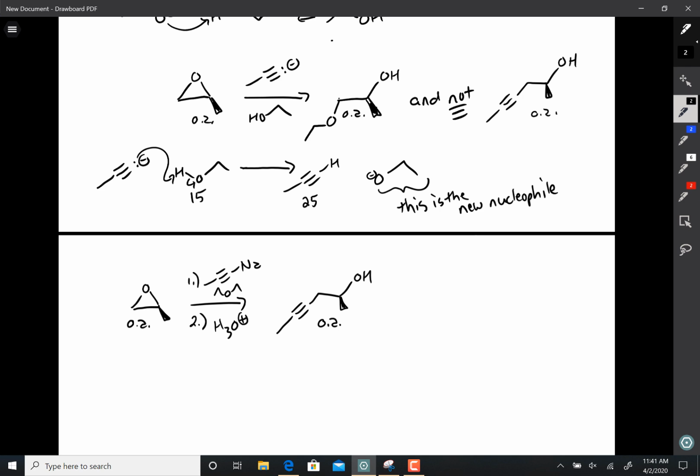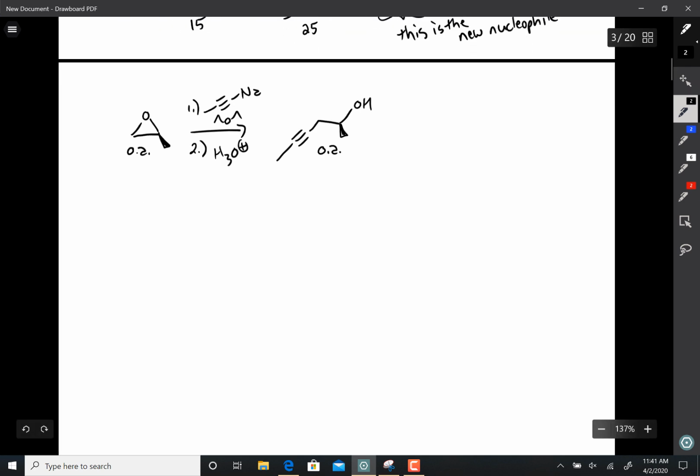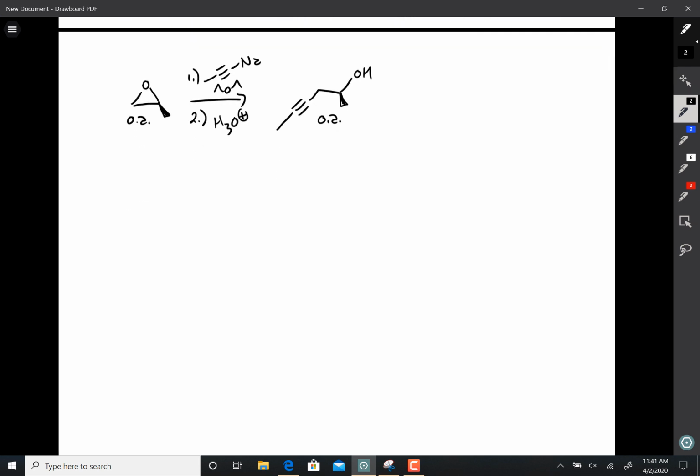So these are carbon nucleophiles. We've done acetylides.